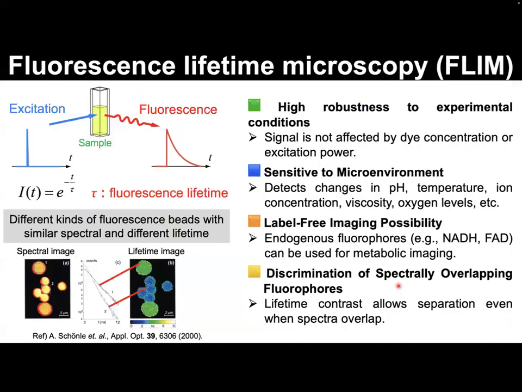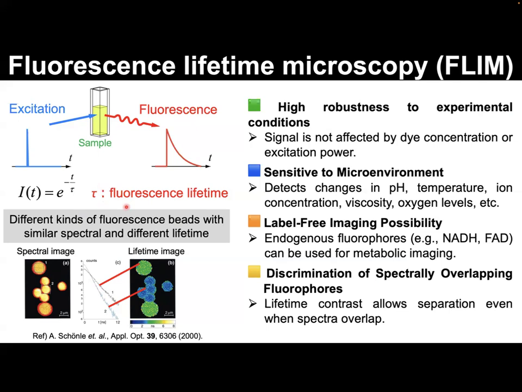The third type of fluorescence microscopy is fluorescence lifetime microscopy, or FLIM. The left shows what the fluorescence lifetime is. When a sample is excited by a pulsed light, the resulting fluorescence shows a time decay curve like here. This decay curve is given by this equation, where tau is the fluorescence lifetime.